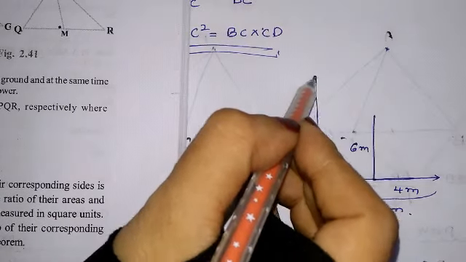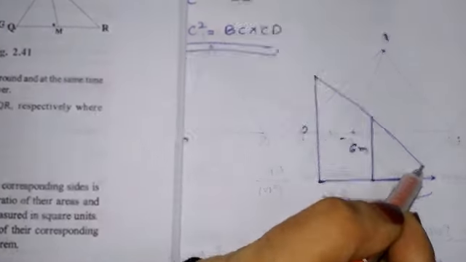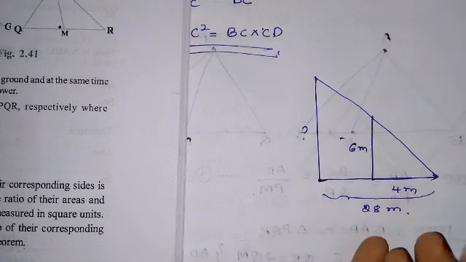Let us just join this and make two triangles, similar triangles. We don't know whether it is a similar triangle.